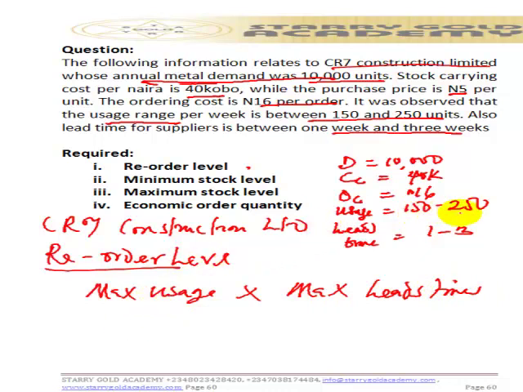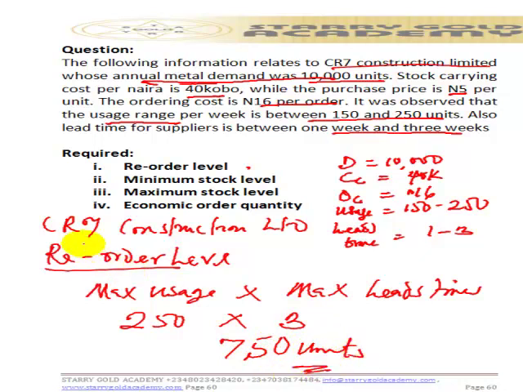So the maximum usage, the higher of 150 and 250, is 250, and delivery is 3 weeks. So that should give us 250 times 3, which is 750 units. That's that, as simple as that.